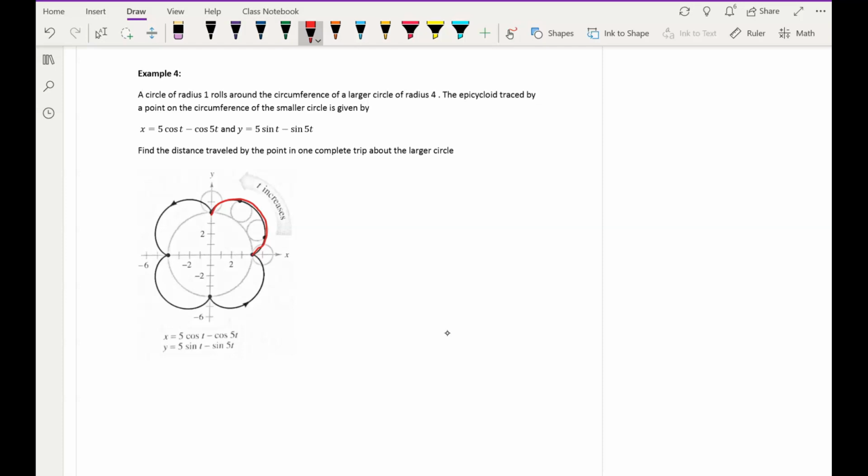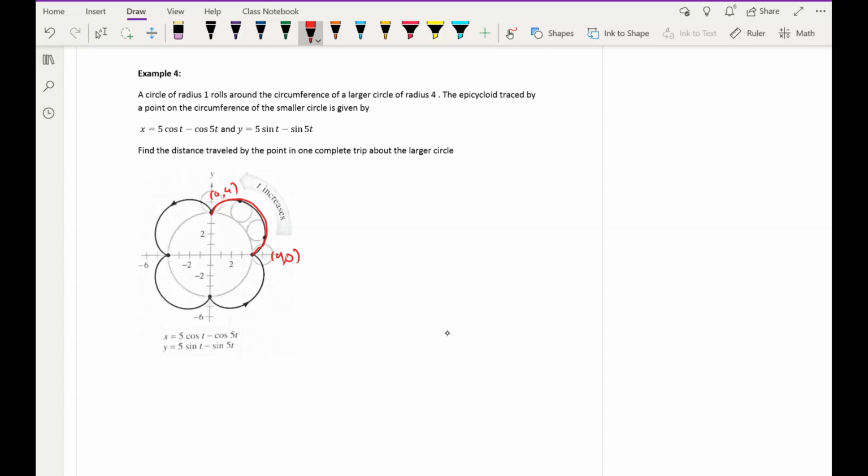Once again, we need to find what our values of t are at these given points. We know that this is a point (0, 4). We know that this is a point (4, 0). And using previous techniques, we can solve for t.